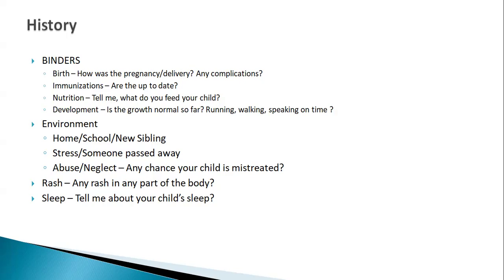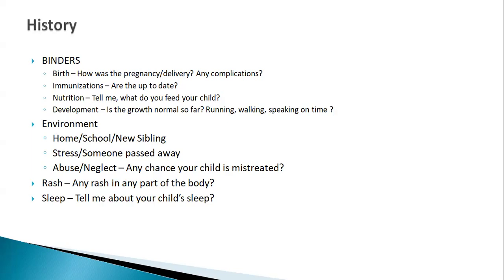Another one that we could think about is abuse or neglect. But to ask about this, because this is a sensitive issue, we need to be careful the way we ask this question. We can say, for instance, is there any chance that your child is being mistreated at home?